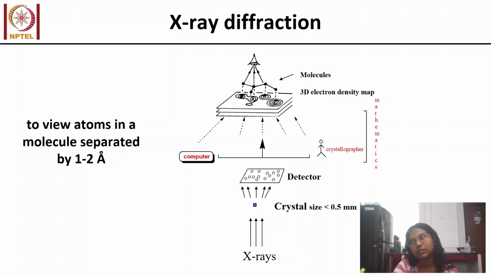The first is single crystal XRD, or SCXRD, which the professor has started talking about. Since this course is 12 weeks, in the first 10 weeks you will be taught about single crystal XRD only, and then in the last 2 weeks the professor will teach you powder X-ray diffraction, or PXRD.